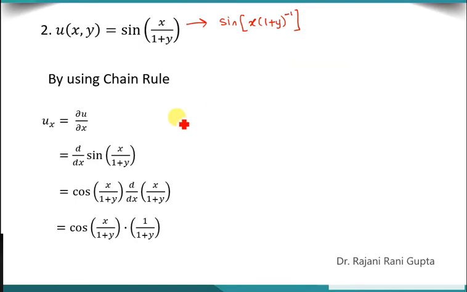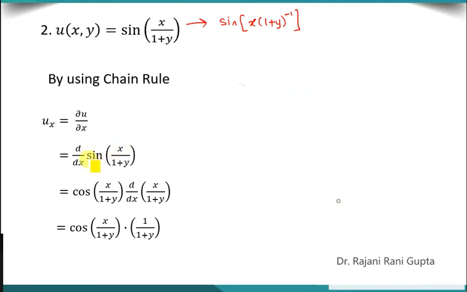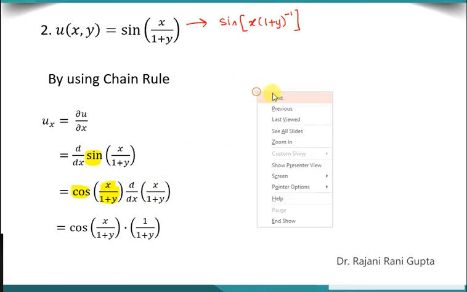So when we need to find the derivative with respect to x of sine of x over 1 plus y, by using the chain rule, first we differentiate sine. The derivative of sine is cos, the argument remains the same, multiplied by the derivative of x over 1 plus y.